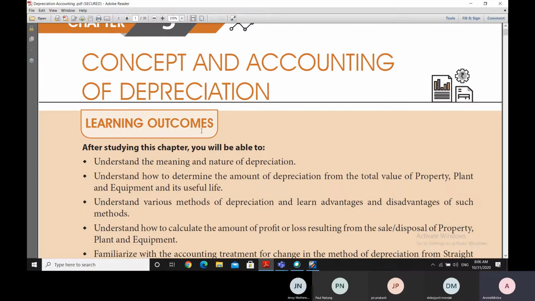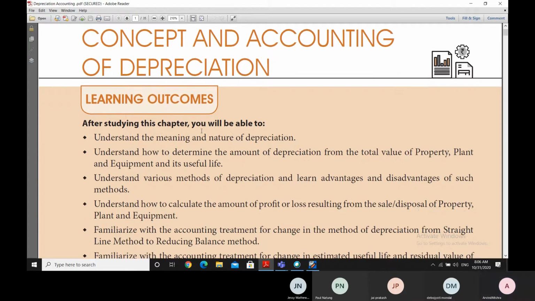we'll try to understand the meaning and nature of what depreciation is to start with, and then we'll go on to understand how to determine the amount of depreciation if we have the total value of property, plant, and equipment, and if we have with us the useful life that it has.